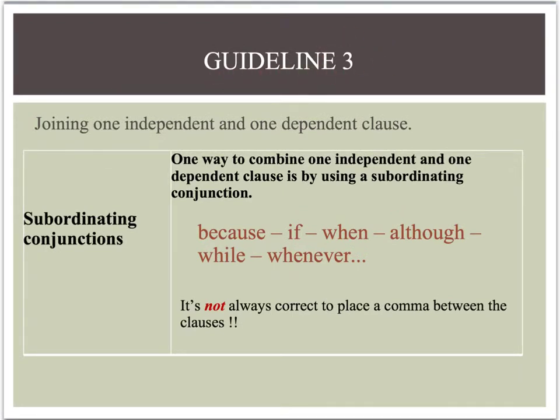Guideline 3. Joining one independent and one dependent clause. One way to combine one independent and one dependent clause is by using a subordinating conjunction: because, if, when, although, while, whenever. It is not always correct to place a comma between the clauses. Only if we start with them.